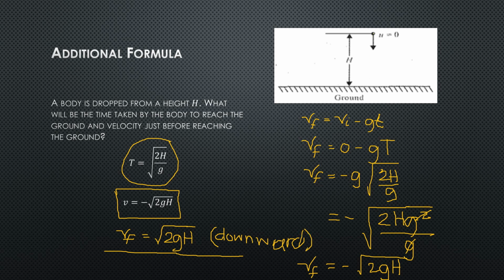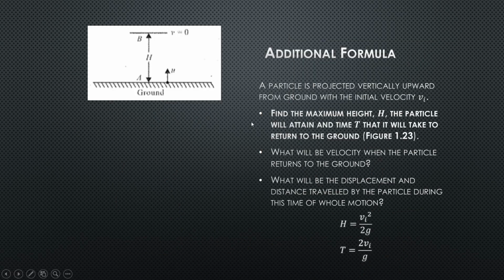Because if the ball is dropped from this position going down, okay, then the direction of the velocity is still going down. So that's why sometimes you get negative values for final velocity, and that negative sign indicates its direction. Okay, so additional formulas.